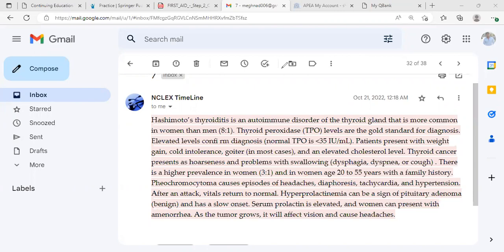So how do we know my patient has this problem? Serum prolactin level is elevated. So it is called hyperprolactinemia. And women can present with amenorrhea. Okay. As the tumor grows, it will affect the vision and cause headache.